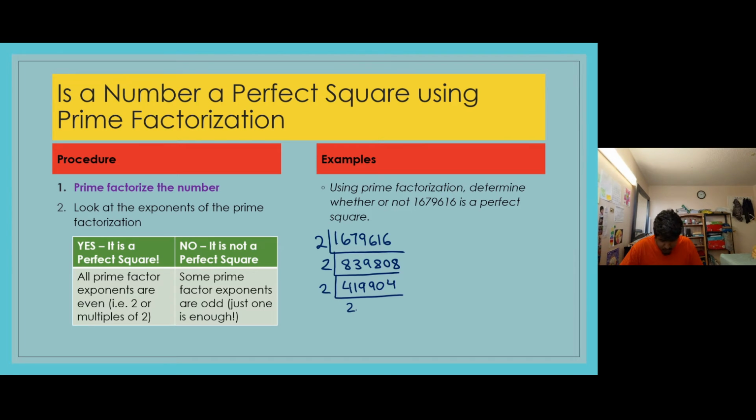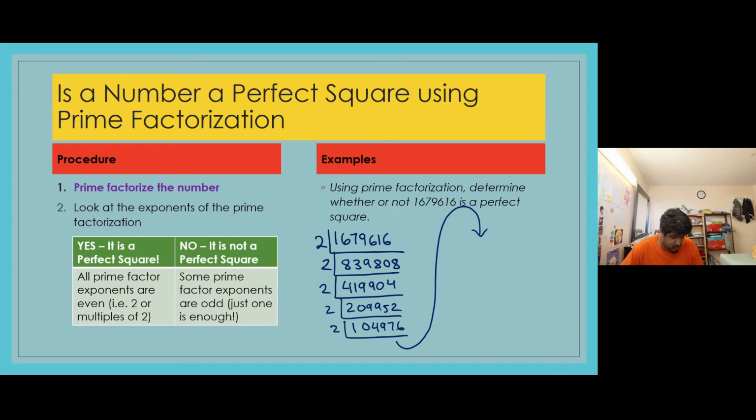We get 209,952, which is also even. We get 104,976, which is also even. I'm going to run out of room, so I'm going to start using this here. When we divide it by 2, we get 52,488, which is, surprise, surprise, also even.